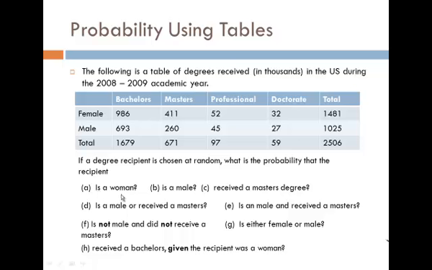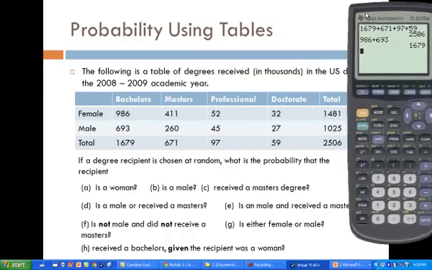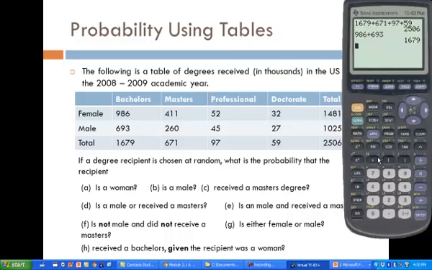If we want the probability that she was a woman, we look at the female row. There were a total of 1481 women. The probability rule states that we take the 1481, the number of women, and divide by the number of elements of the sample space. Out of all the people possible, that was 2506.